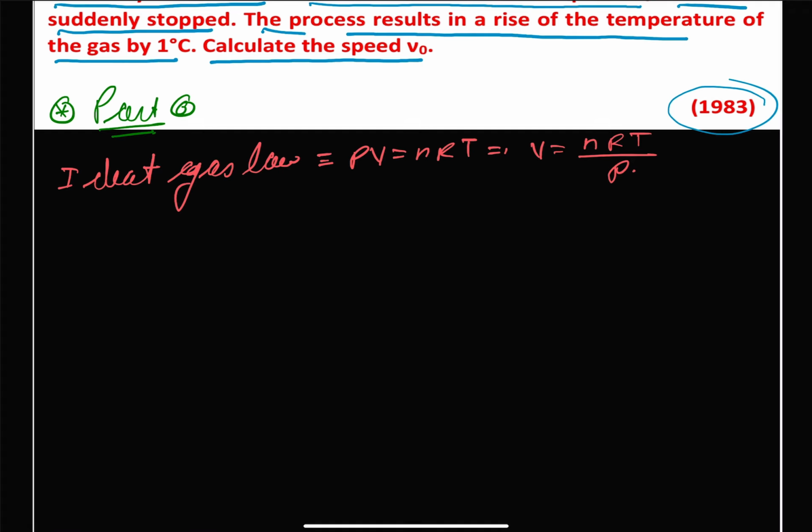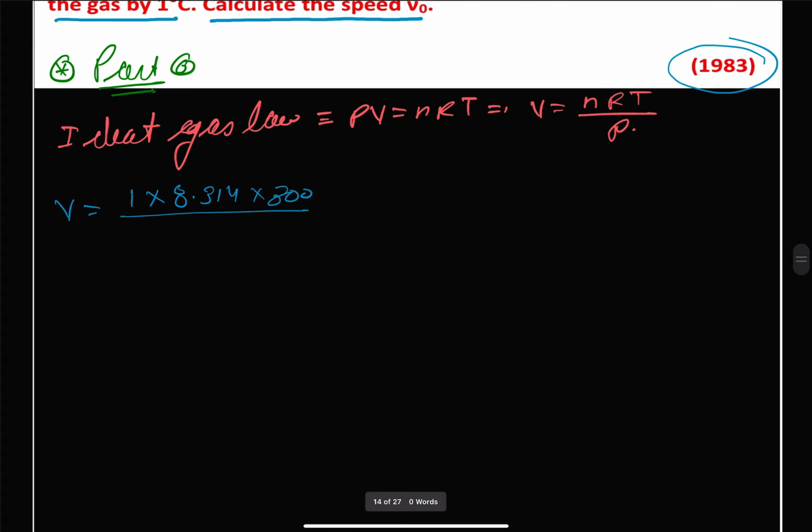So the volume is equal to number of moles is 1, R is 8.314, into temperature 300, 27 degrees centigrade, and the pressure is 10 to the power 5 pascals, and this comes as 0.0225 meter cube.